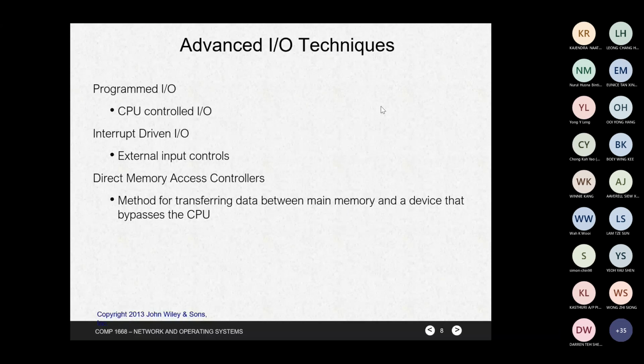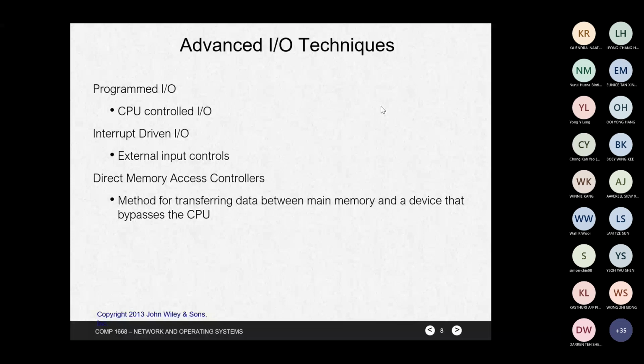Why are we doing all this? Remember, our earlier discussion was based on the LMC, the little man computer. So we are trying to understand how the LMC can be applied and how the LMC can be compared with the IT system, with the computer system.